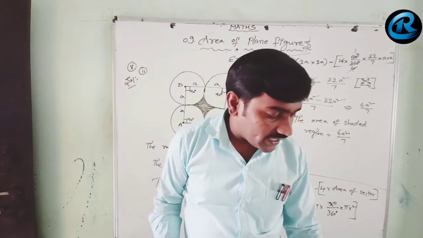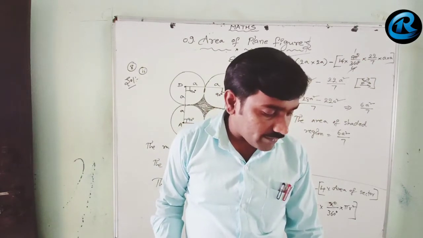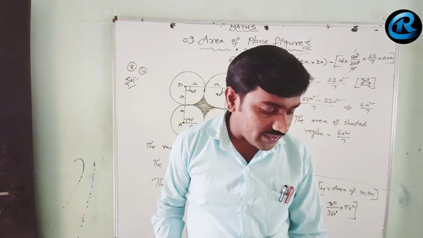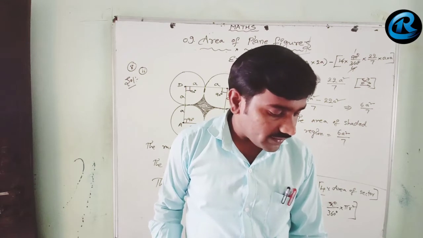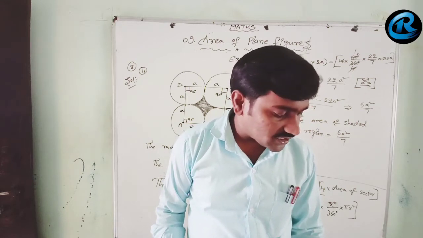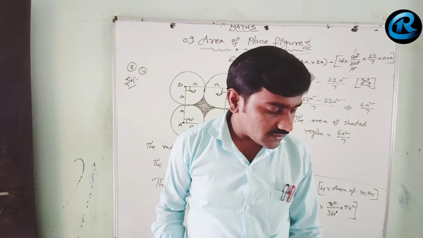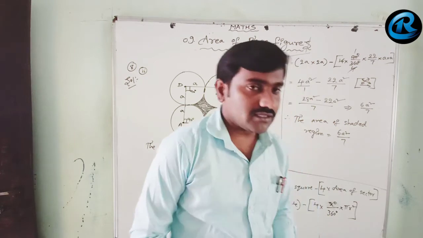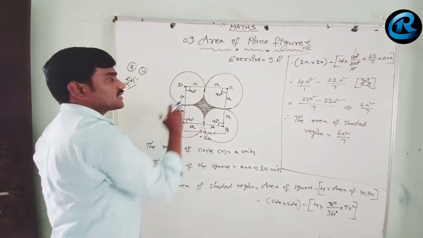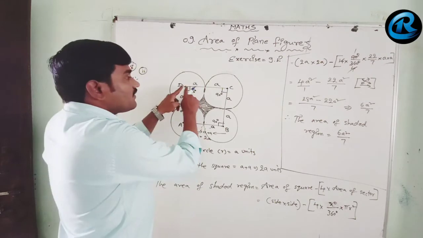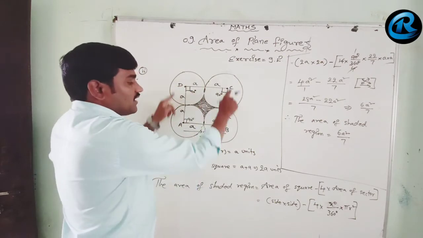See, 4 equal circles described about the 4 corners of a square so that each circle touches the two of the others. 4 equal circles are described on the 4 corners of a square.